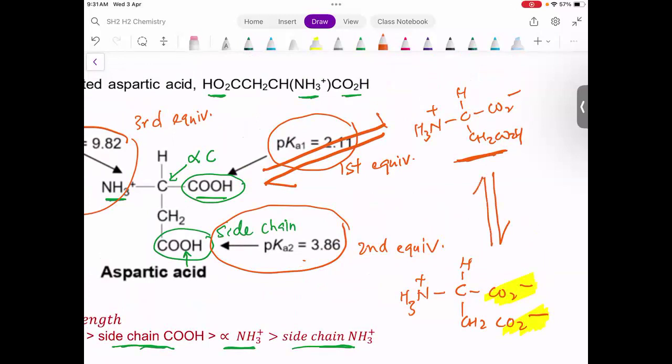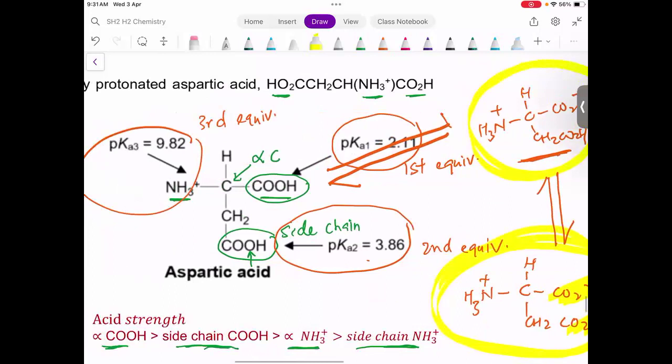At the second equivalence point, this will be my acid and this will be my salt. Then at the third equivalence point, it will be here to here, and you have the last dissociation.